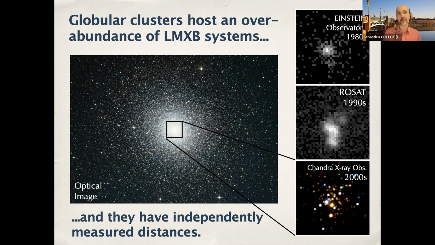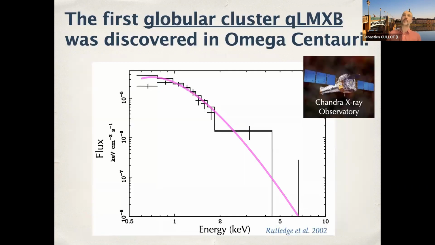And among those emitting objects are some purely thermal, soft X-ray thermally emitting objects. And those objects are thought to be quiescent low-mass X-ray binaries. So low-mass X-ray binaries in quiescence, fully quiescent, they haven't accreted in a long time. And we see a pure thermal emission.